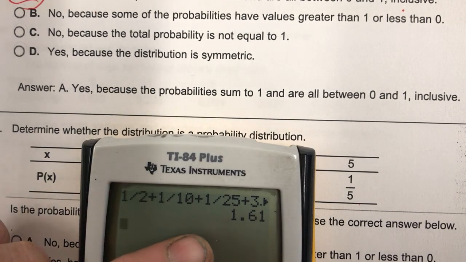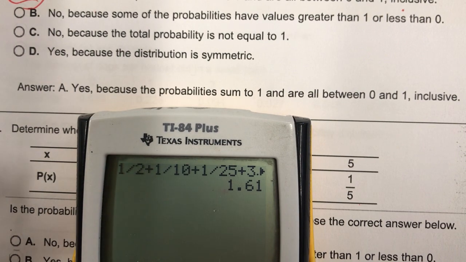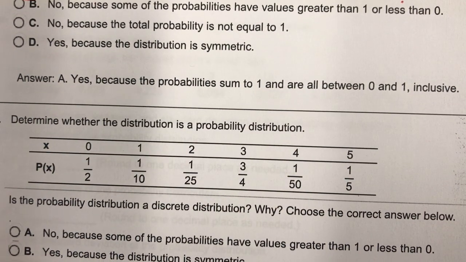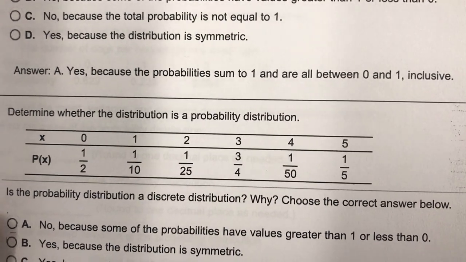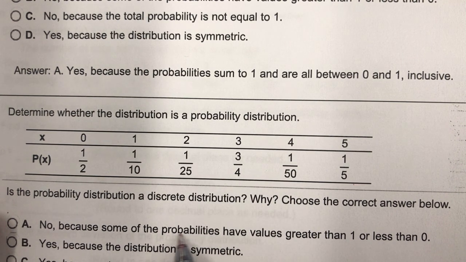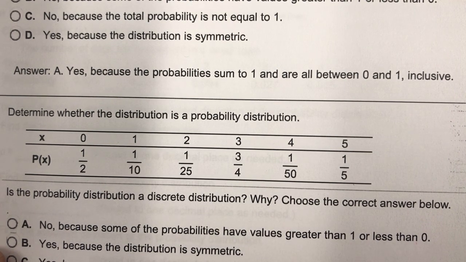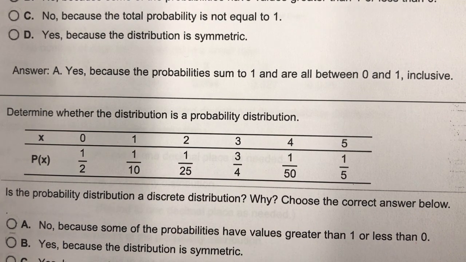And look there, I got 1.61. It does not equal 1, so no. It's a no, but it's not because they have values greater than 1 or less than 0. Right here, the probability is not equal to 1, so the answer is D.